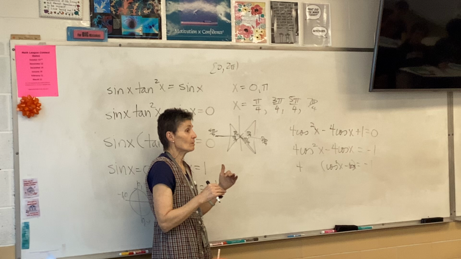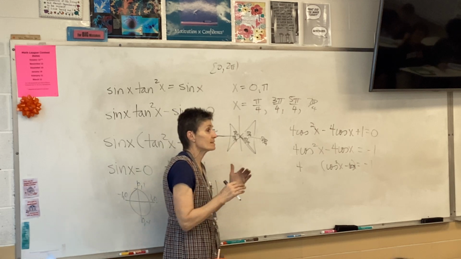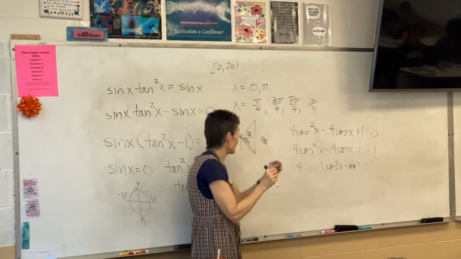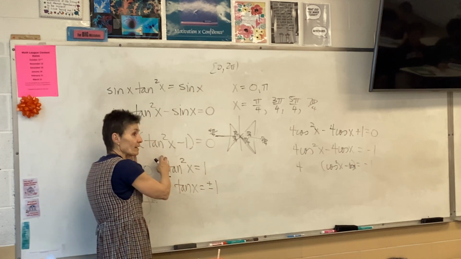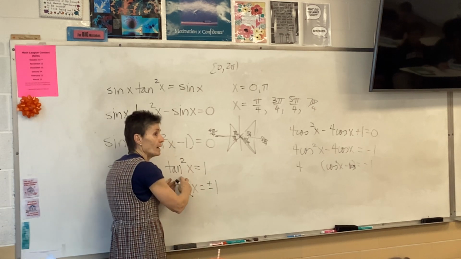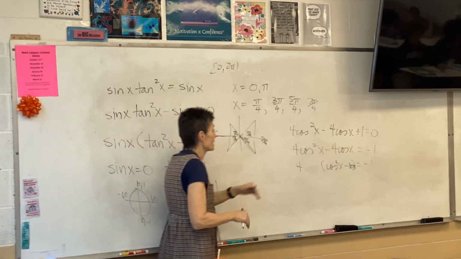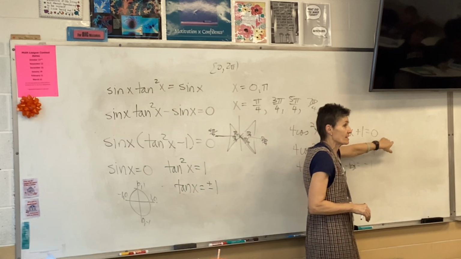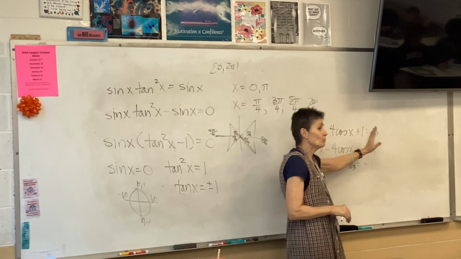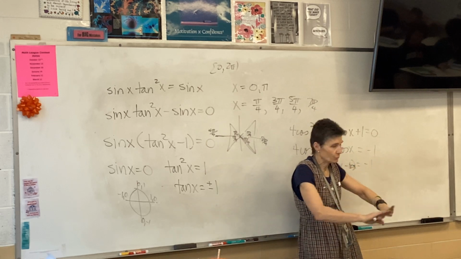When you get there, there's nothing to do, because the whole point of factoring is to set each one equal to 0. And you can only do that if this is 0, so the minute you move that 1 over, it's not that easy.